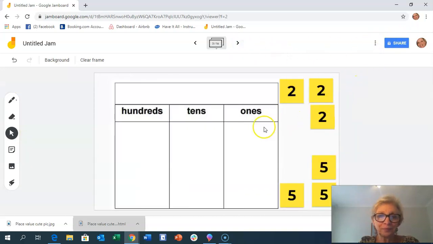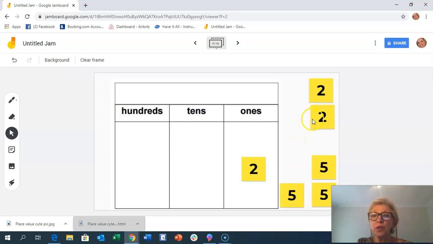Moving on, and here we have a place value chart. This place value chart is going to show you how we change numbers, how they look different. If I put a 2 in the ones column, its only value there is 2. So it all depends what house the 2 goes in.